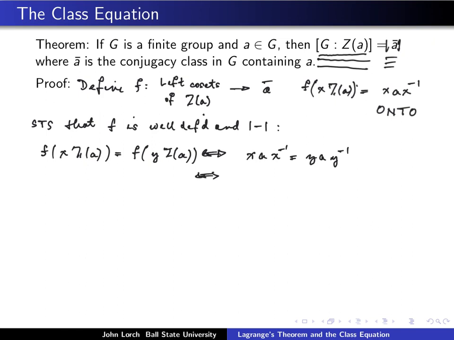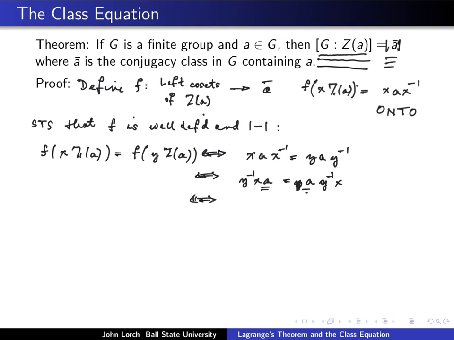And now moving things around a little bit, this says that y inverse x a is going to be a times y inverse x. So that means that a commutes with y inverse x.